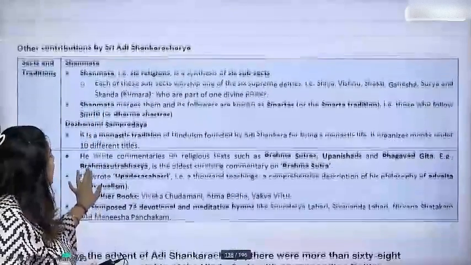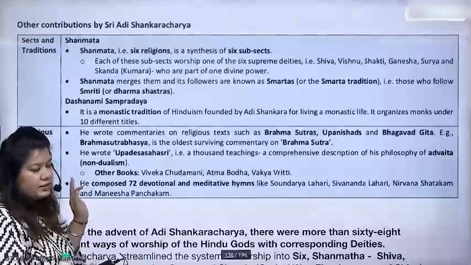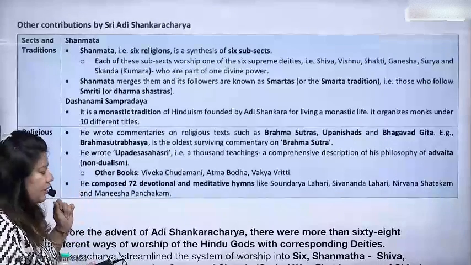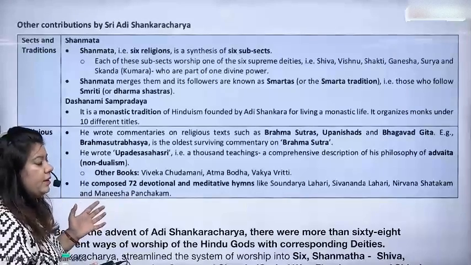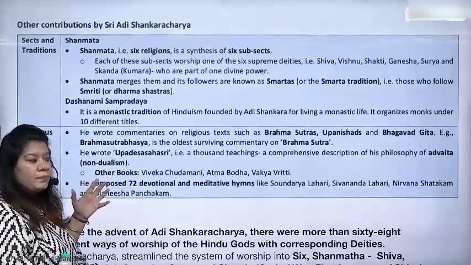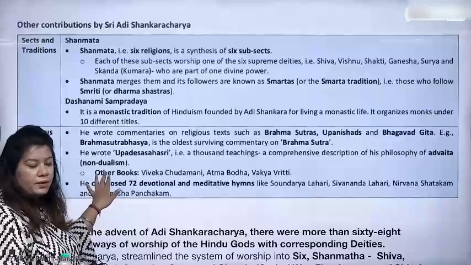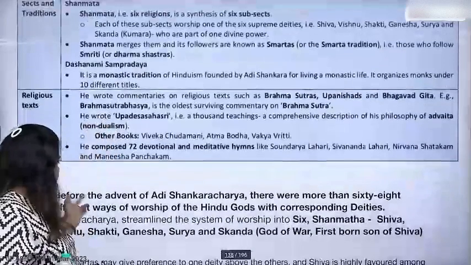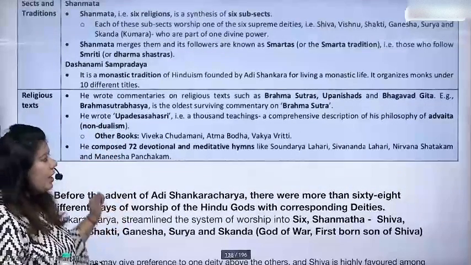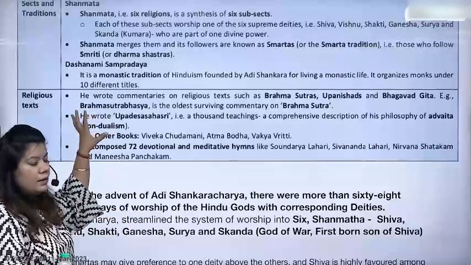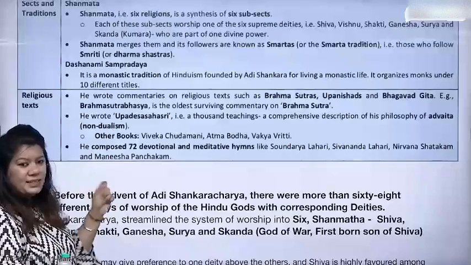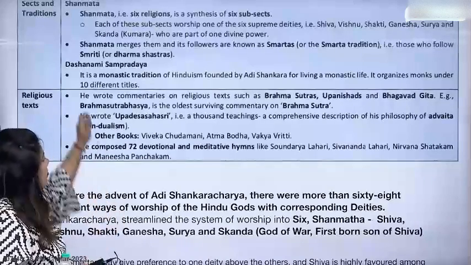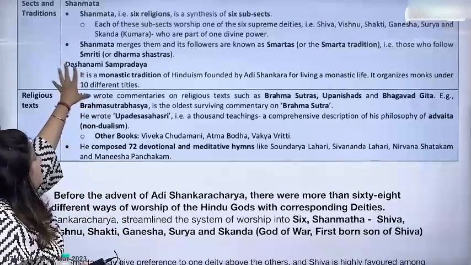ठीक है. Now coming to Shanmat, Dashnami Sampradaya and Smarta worship. So before the advent of Adi Shankaracharya, people used to worship more than 60 forms of God, 68 deities. But Adi Shankaracharya brought in worshipping of 6 primary deities, which is known as Shanmat.